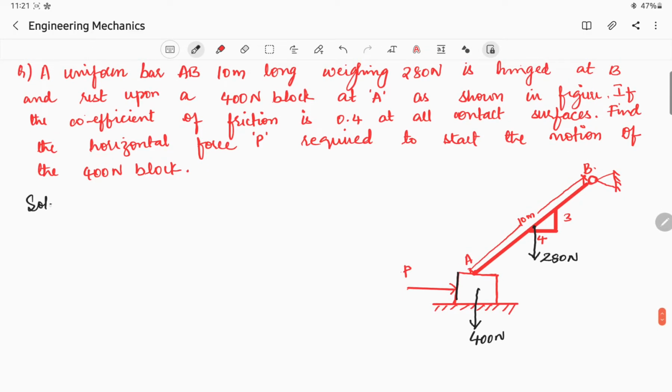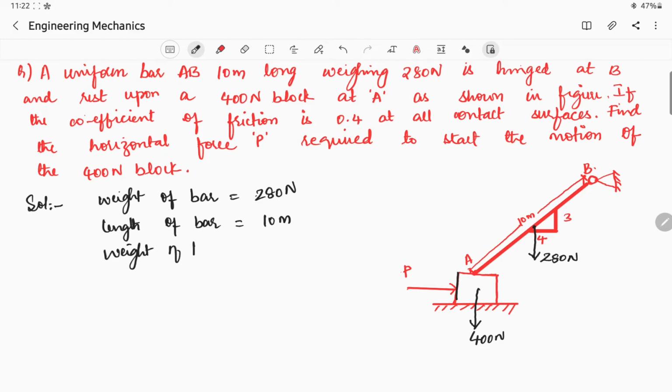That is, weight of the bar given to us as 280 newtons, then length of the bar is 10 meters, weight of the block is equal to 400 Newton, then coefficient of friction, that we denote with small f, is equal to 0.4.